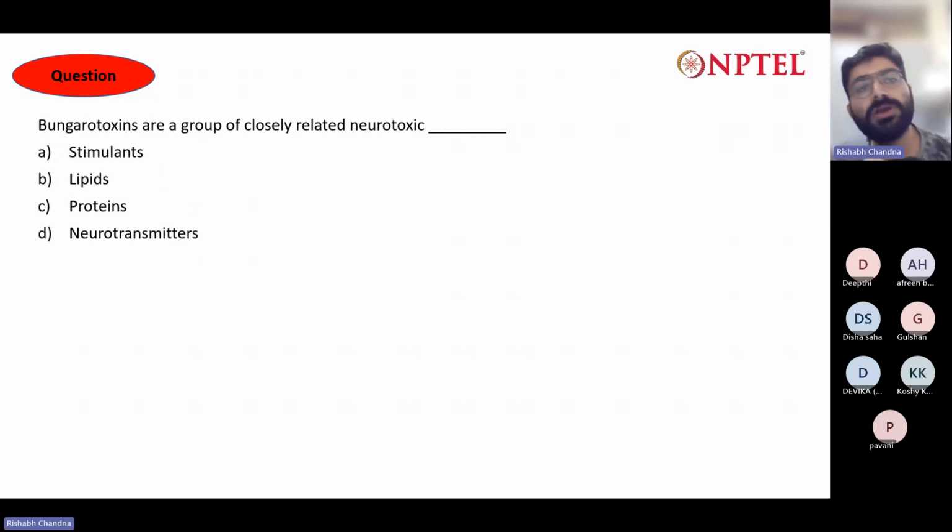So bungarotoxins are a group of closely related neurotoxins. What's the chemical nature of bungarotoxin? Is it a stimulant, lipid, protein, or neurotransmitter? Can anybody answer? Option B, sir.